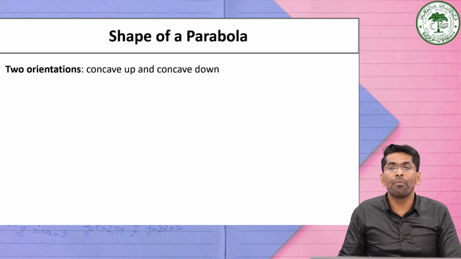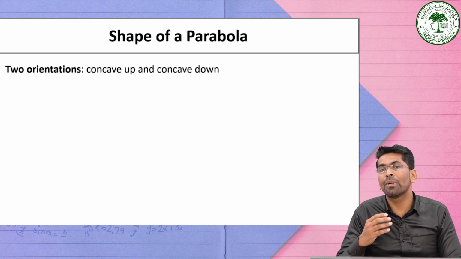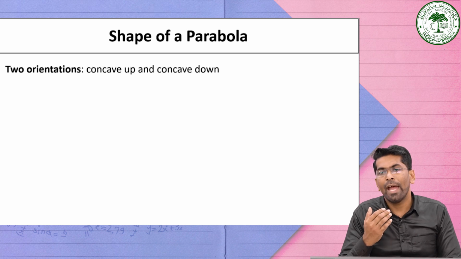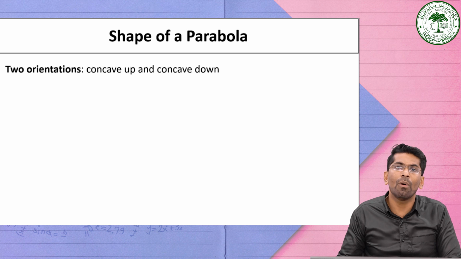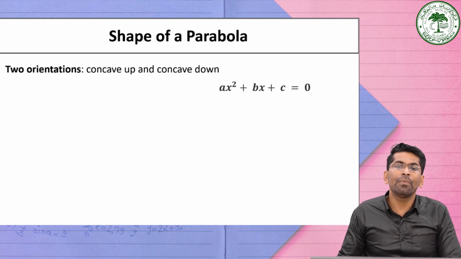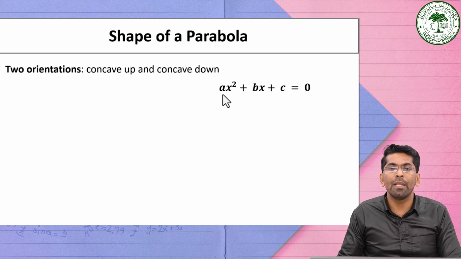The orientation of the parabola can be found from its equation, and the direction of the parabola, that may be upward or downward, is entirely determined by the sign of the coefficient a. In the general equation ax square plus bx plus c, the shape of this parabola entirely depends upon the sign of the coefficient a.